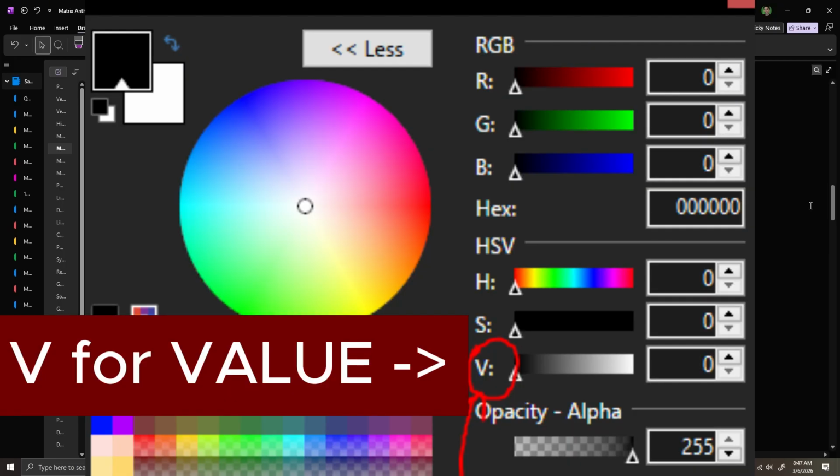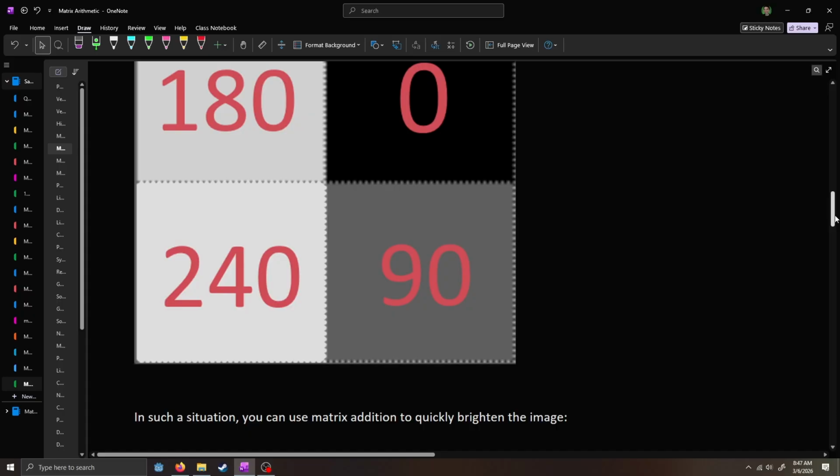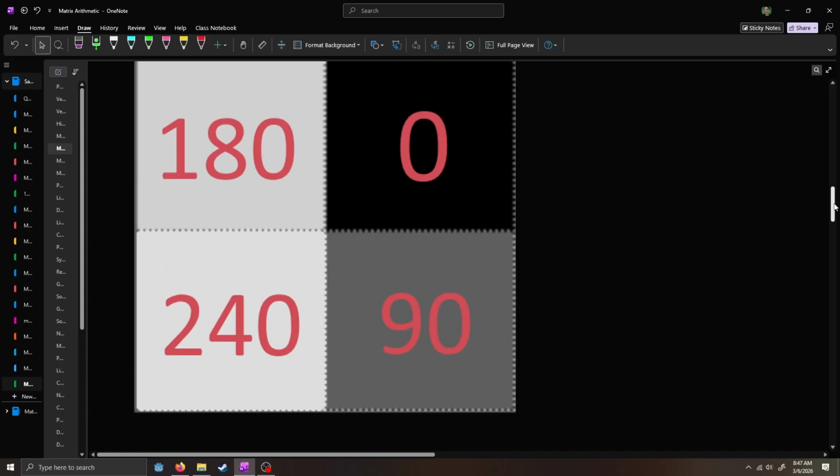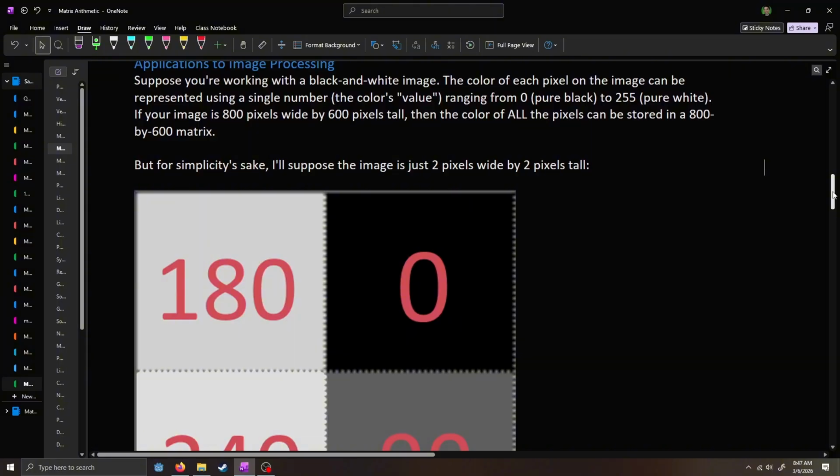So, for example, a pure black color would correspond to a value of 0. A value of 90 would correspond to a sort of medium gray. A value of 180 would correspond to a very light gray, and a value of 240 would correspond to almost white, and a value of 255 would correspond to perfectly pure white.